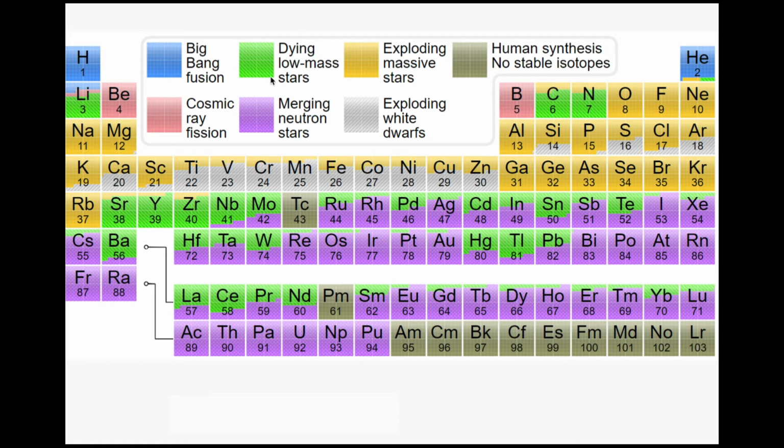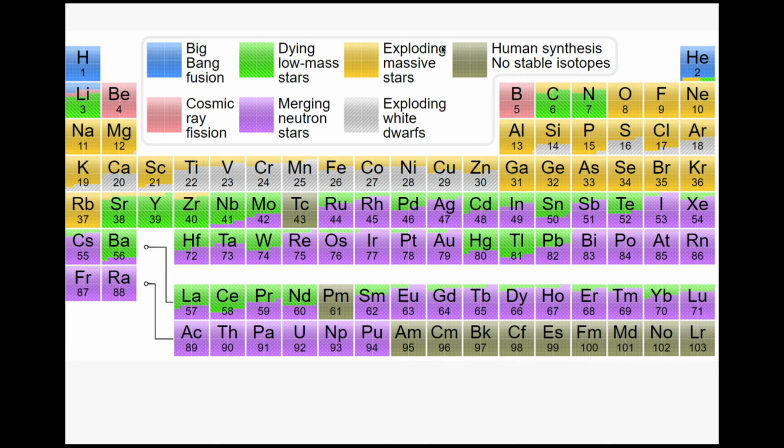Stars like the sun, there's a process called the s-process, the slow absorption of neutrons. Neutrons being absorbed, that's not really a slow process, but if it doesn't happen all that often, we call it slow neutron capture because there's also rapid neutron capture, and that's where you would have exploding massive stars, merging neutron stars, and exploding white dwarf stars.